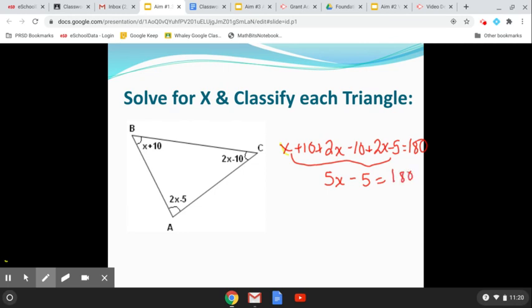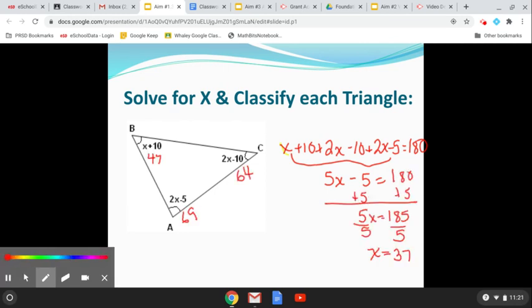All right, let me pause it. Okay, now you can see what I've done. I've solved that equation. I've gotten x is equal to 37. I've substituted 37 back into x for each one of those angles. And now I found out that the angles are 47, 64, and 69.